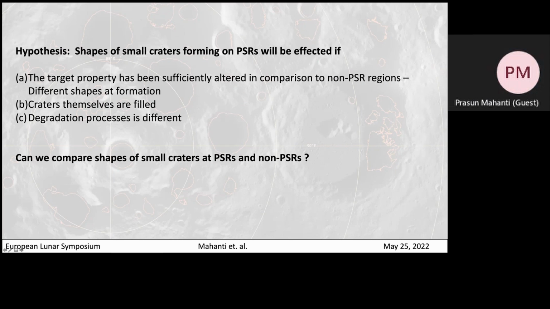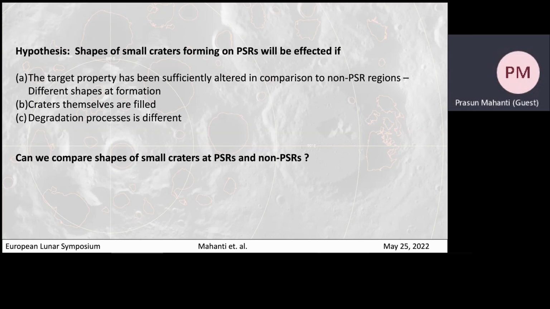Now, having said all this, we start thinking that the shapes of the smaller craters that are forming at the PSRs will be affected if the surface, the target property, has been sufficiently altered in comparison to the non-PSR regions. So even during the formation, the craters themselves have a different shape, right?